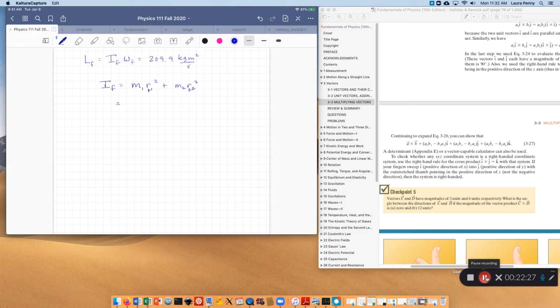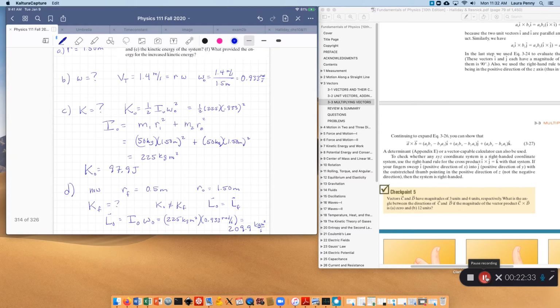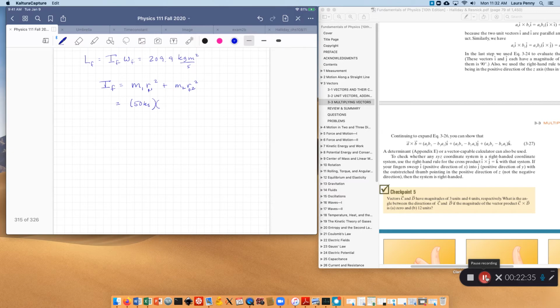So now they're not 1.5 meters away, they're only half a meter away. And so my new moment of inertia is only 25 kilogram meters squared.